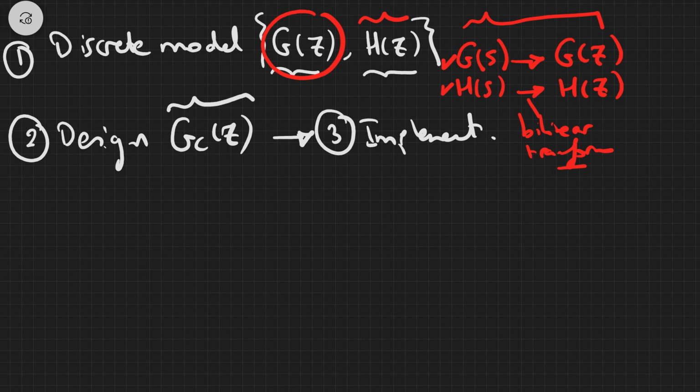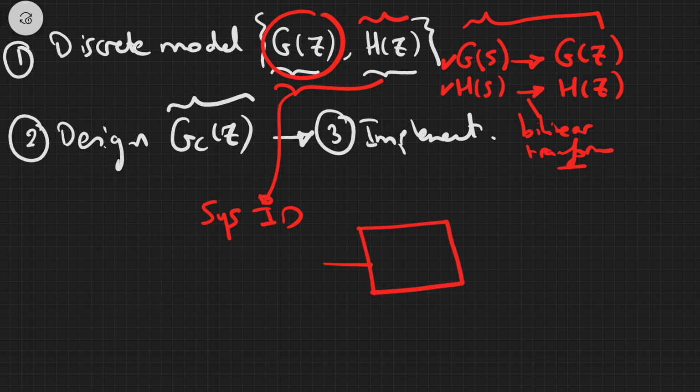Another way is that we can extract those using system identification. With system identification, you can obtain the Z domain transfer function in one step, because let's say you apply some step input and you measure the response, both the step input and the measured response.